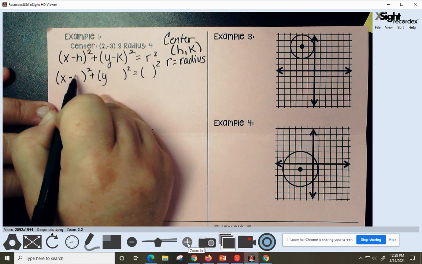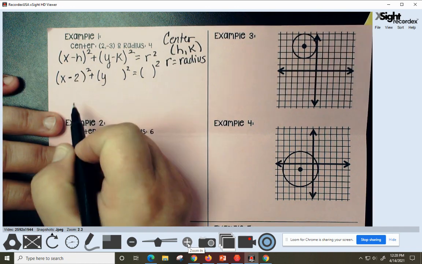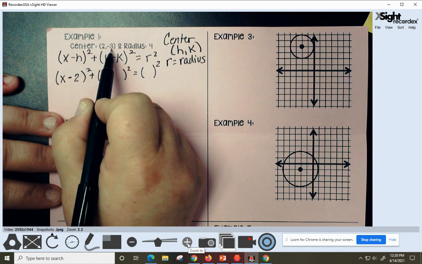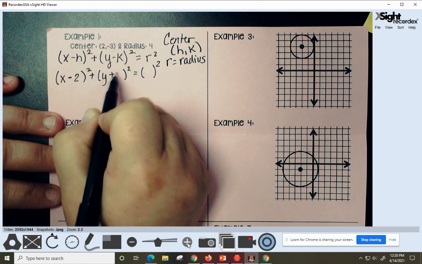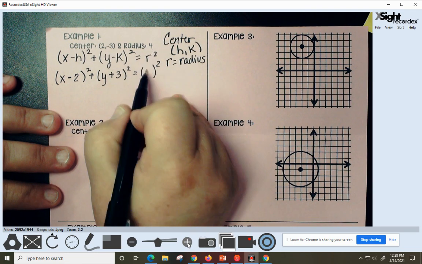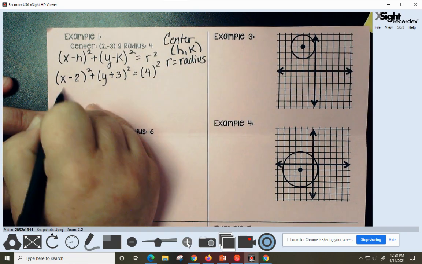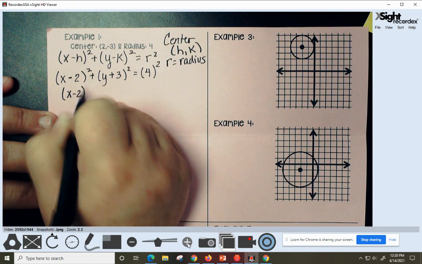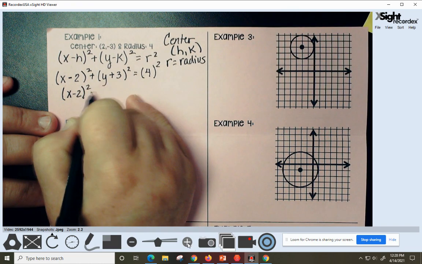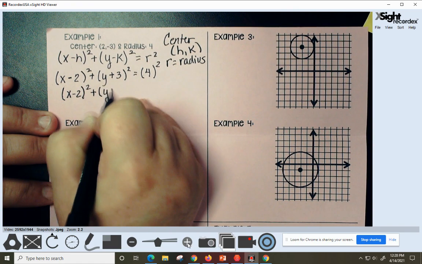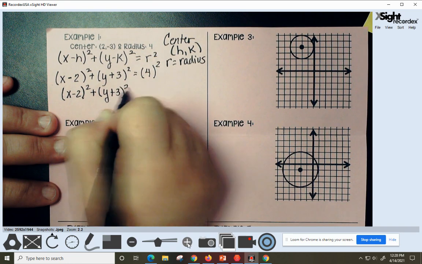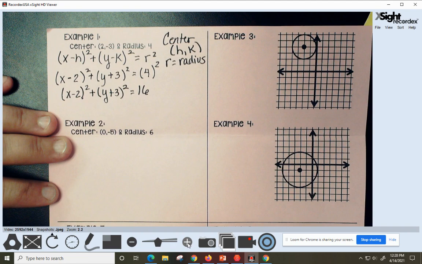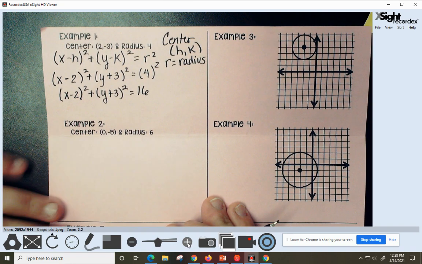I'm going to plug in the opposite of that, which is a negative 2. This goes with the y, and I'm going to change that to its opposite, which would be a plus 3. And then I'm going to plug in my radius and square it. So my equation would read x minus 2 quantity squared plus y plus 3 quantity squared is equal to 4 squared, which is 16. And that would be the equation of my circle.